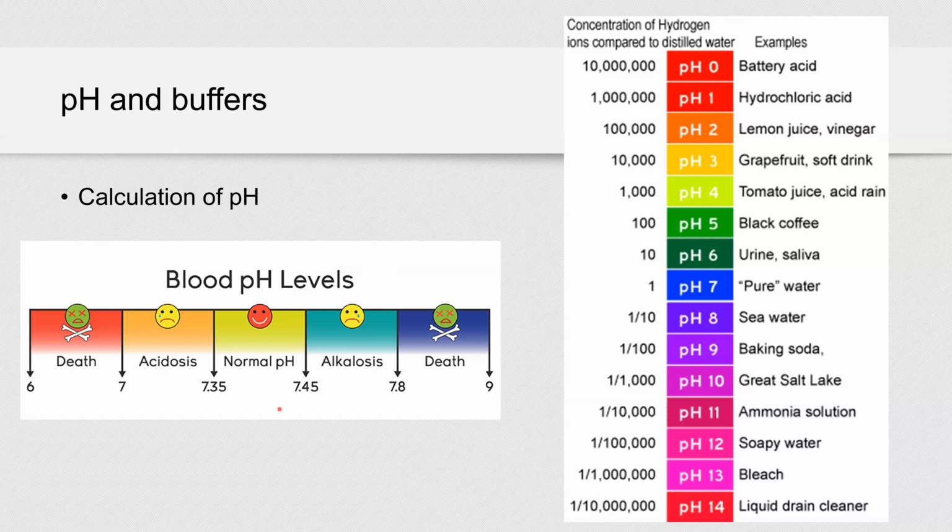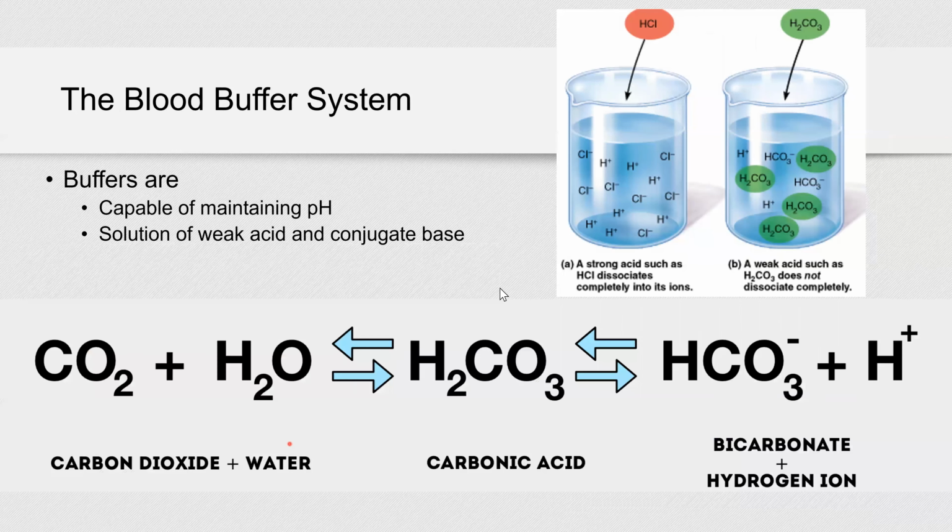If you have an increased concentration of hydrogen ions, you need to get rid of them very quickly. And thankfully, you have a buffer system. So we have several buffer systems in our body. This one with the carbonic acid and bicarbonate is the most famous.